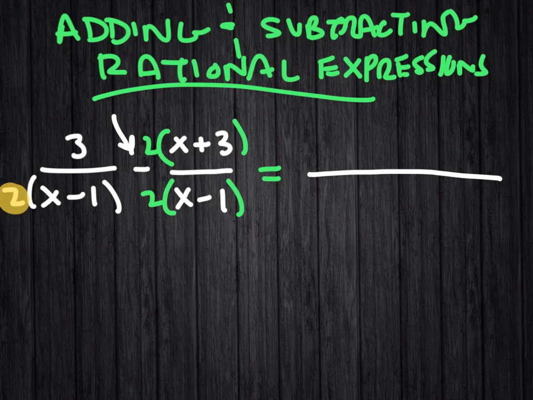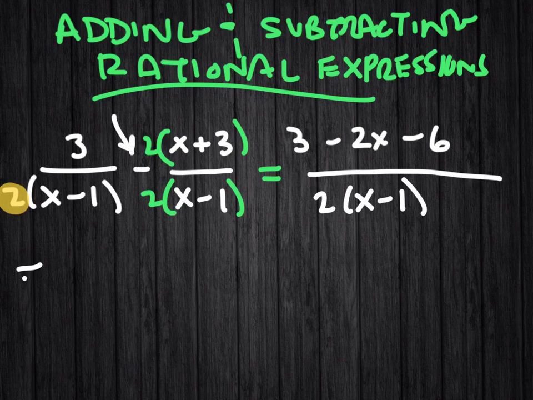So as you do this, you'd get 3 minus 2x minus 6. Now that's where I need you to pay close attention. Here, minus 2 times x is minus 2x, and minus 2 times 3 is minus 6. And so that's a very important piece of the puzzle.